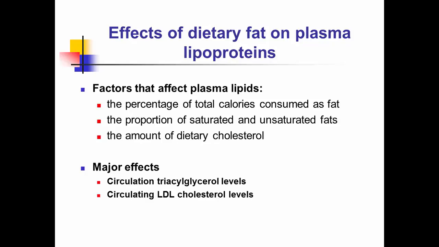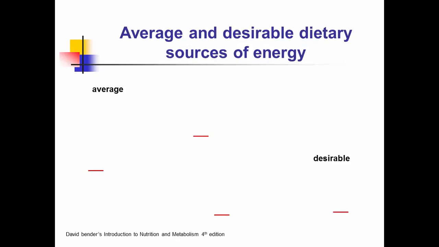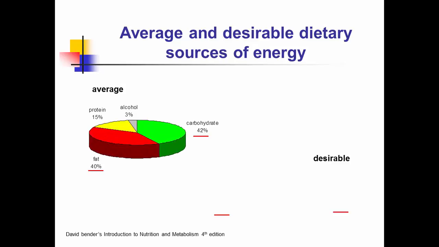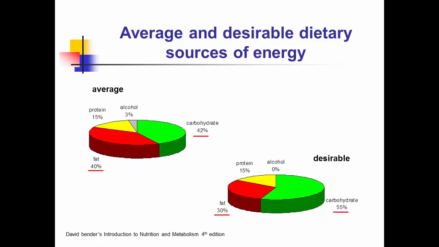Right. So average and desirable dietary sources of energy give us some idea of how we should eat healthily, right? Let's look at the average. Average means in the American population how much we consume of protein, carbohydrate, and fat.